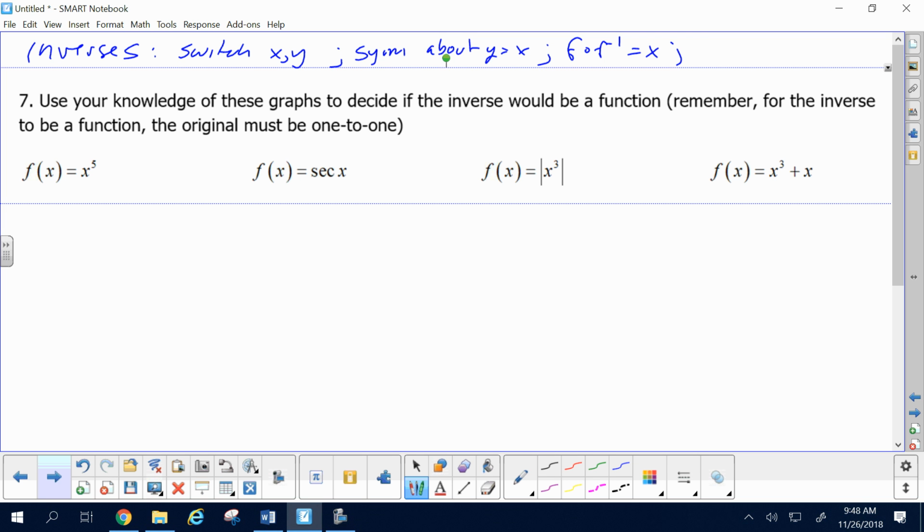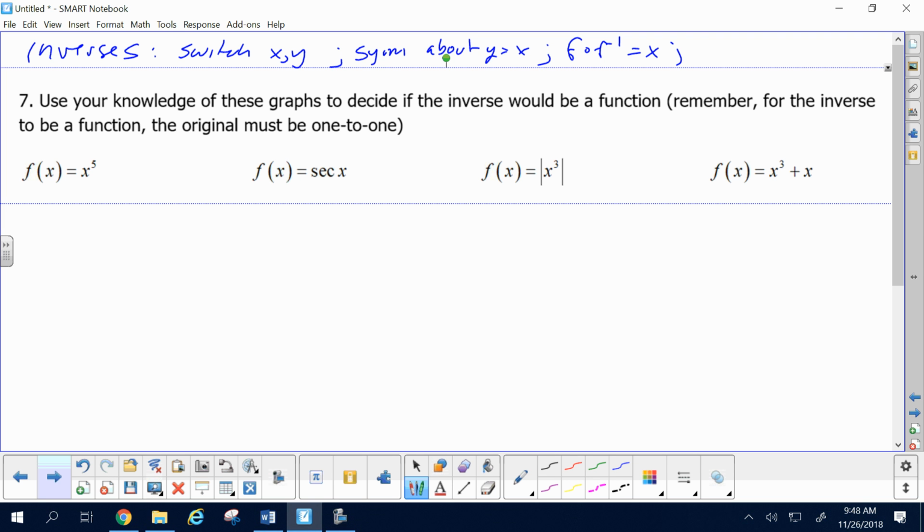Are you with me? Now we can trace that back to a characteristic of this guy. The inverse fails the vertical line test because the original failed the horizontal line test, and that means it's not one-to-one. Horizontal line test.